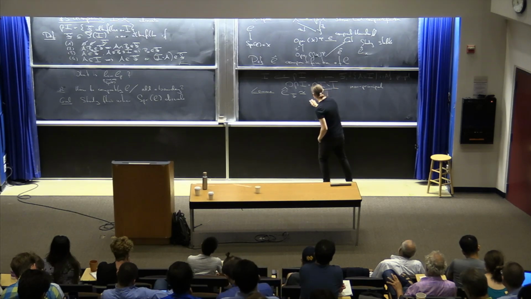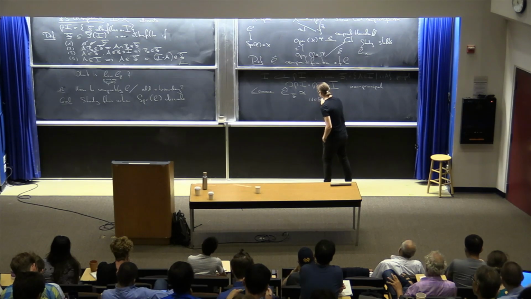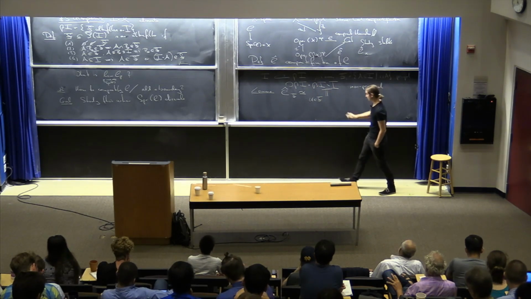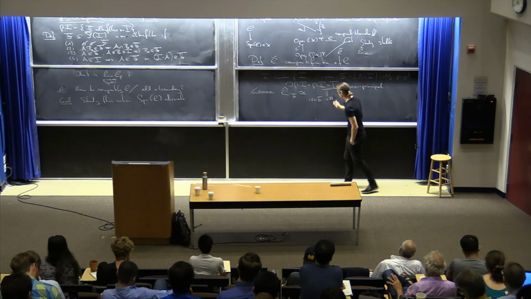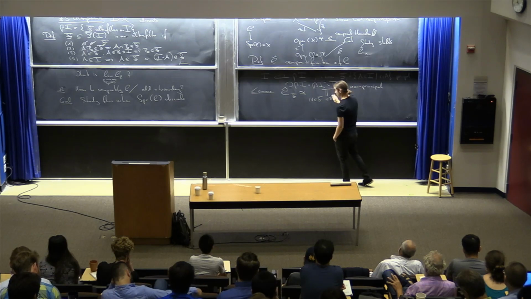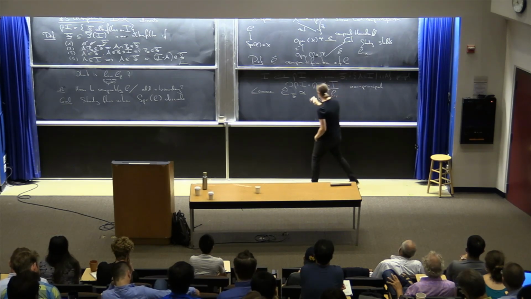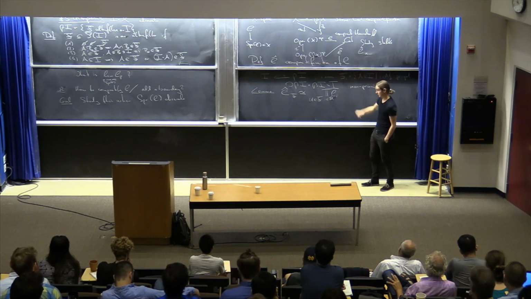You take your ultrafilter, take an element in there, so that's a subset U of I. You take the product of all the C_i for i in the subset U, and then take a filtered colimit along the projection maps of these products.